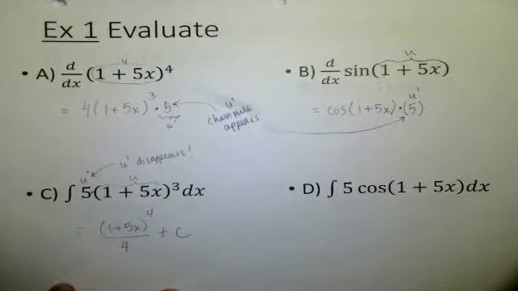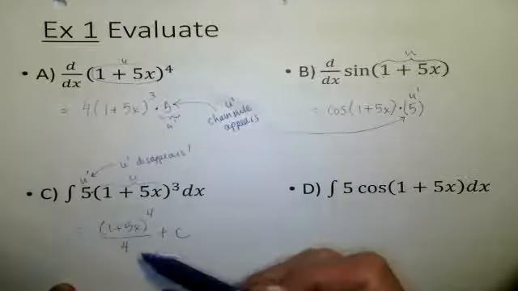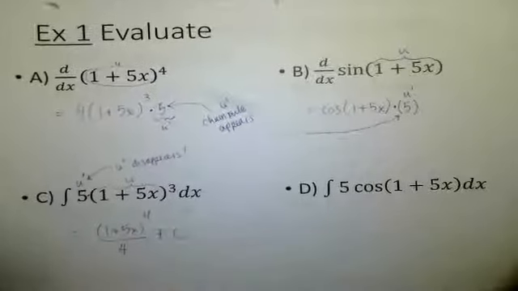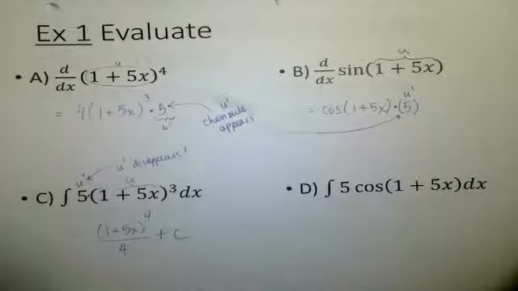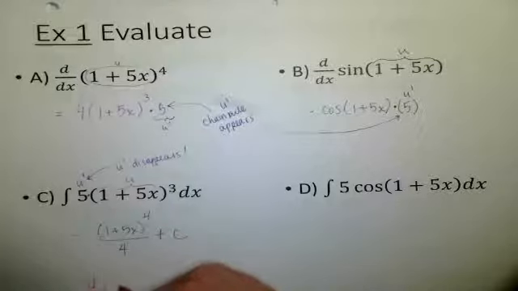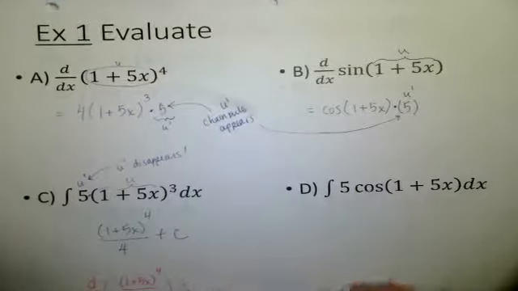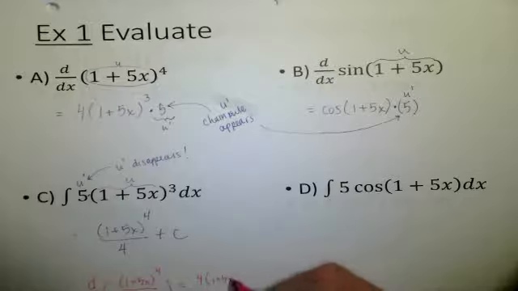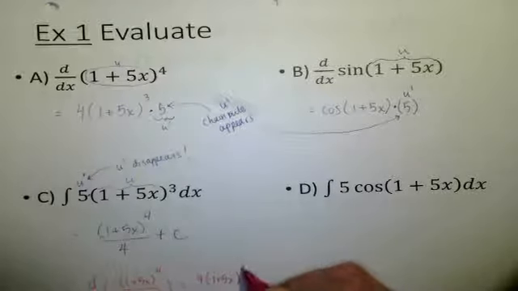Well, how do you know if you did it right? Well, we can take a derivative. So if I take a derivative of this, let's test it. Let me get a different color pen here. Pink is good. All right, so if I were to take the derivative of this, just to check, so 1 plus 5x to the 4th divided by 4, I would drop my power, reduce the power by 1.